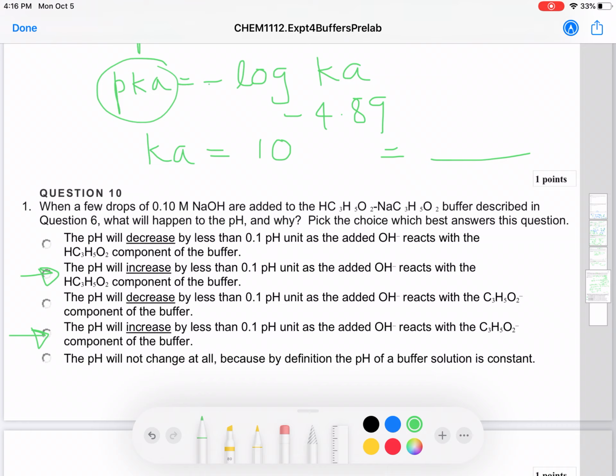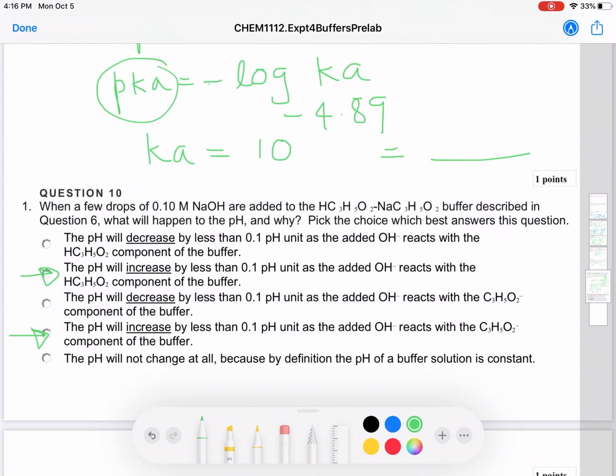Now we have a 0.1 molar buffer. We are adding a few drops of sodium hydroxide. Do you think there would be a dramatic change in the pH of the solution? Let's see. The first choice says the pH will increase by less than 0.1 pH unit as the added hydroxide reacts with the acidic component of the buffer.